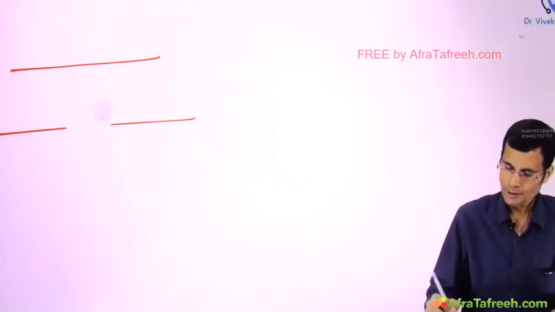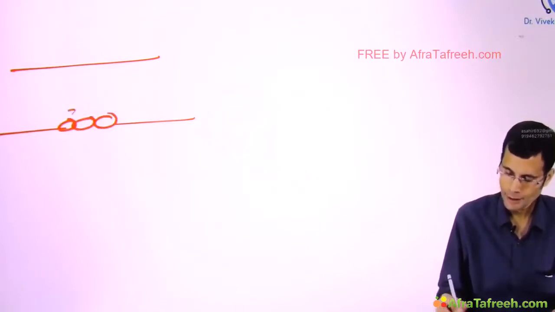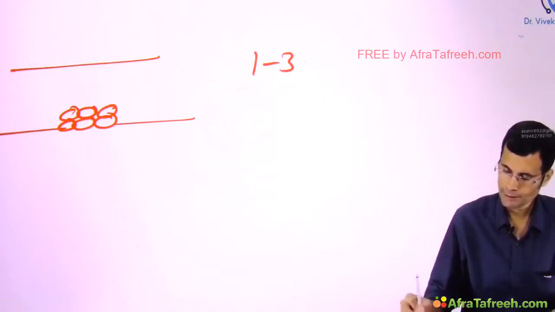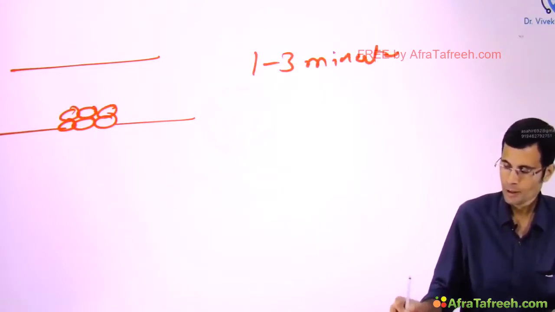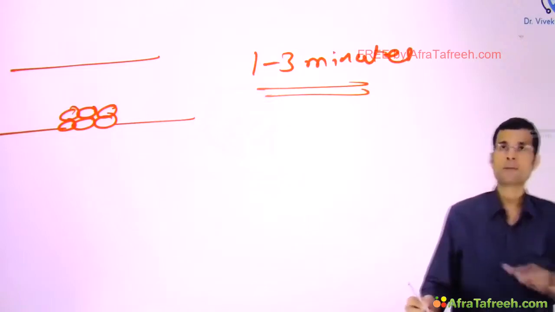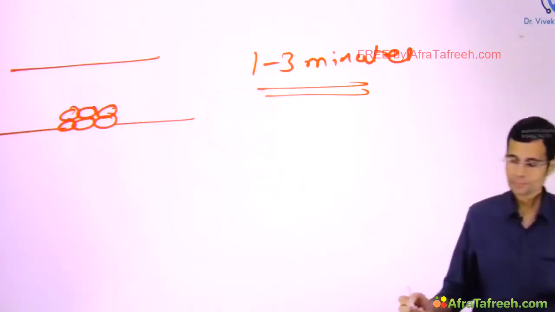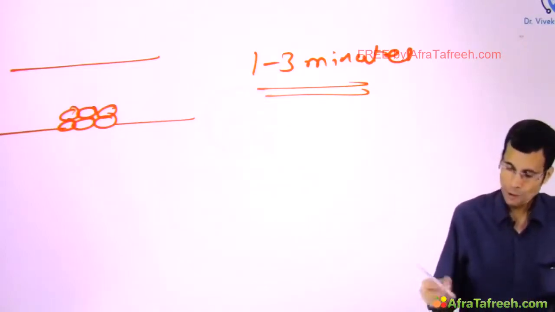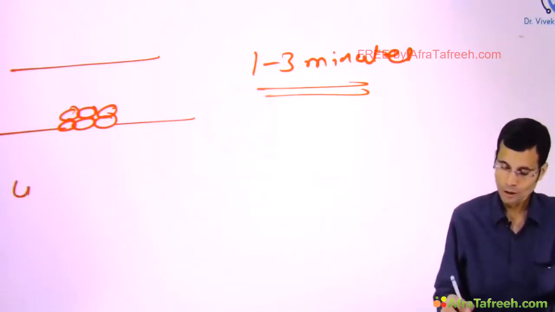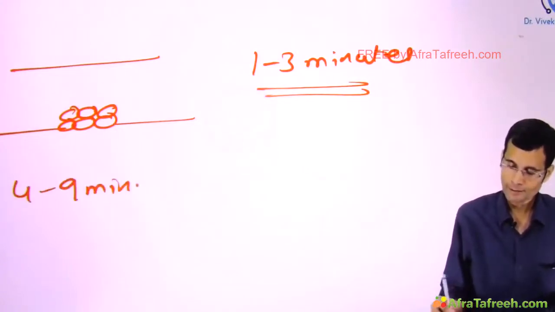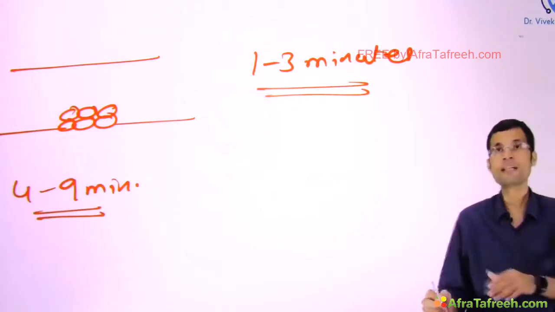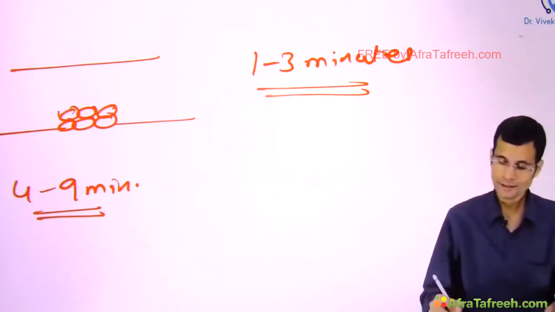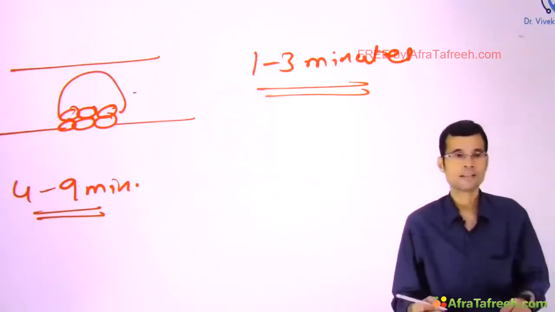You see, platelets have arrested the bleeding in about 1 to 3 minutes. The normal bleeding time is about 1 to 3 minutes. Now, clot formation occurs in about 4 to 9 minutes. That means after the bleeding has been stopped, clot is forming.